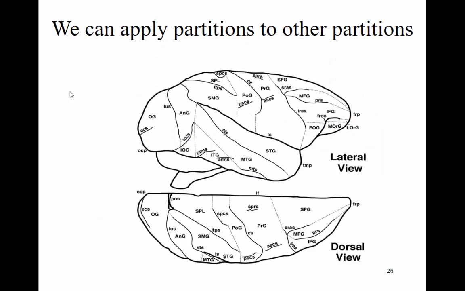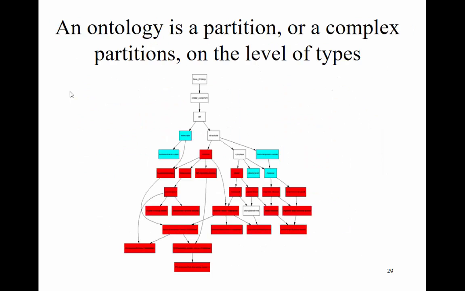Now, Linnaean hierarchies are also organized systems of partitions. So we have organism at the top, then we have animal, then we have mammal, reptile, beneath mammal we have human, cow, and so on. And that's more or less what we have here.